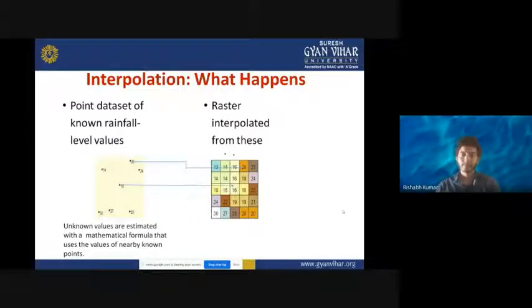The numbers that you are seeing here represent the amount of rainfall at those particular rainfall stations. But you have to find out the rainfall for the whole region, not for the selected points, but the whole region. Then, as we know, we have to adopt the interpolation technique, right? So here unknown values are estimated with a mathematical formula that uses the values of nearby known points.